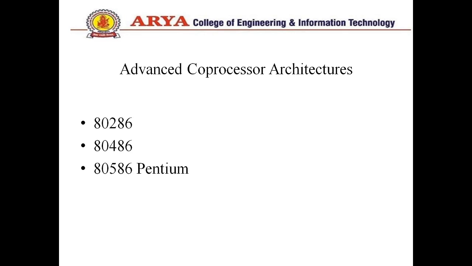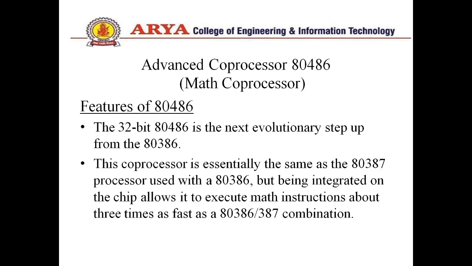Basically we have the following advanced coprocessors, namely 80286, 80486, and 80586, also called Pentium processor. In our syllabus, we have 80486 and 80586. In this lecture, we will discuss the 80486 coprocessor.